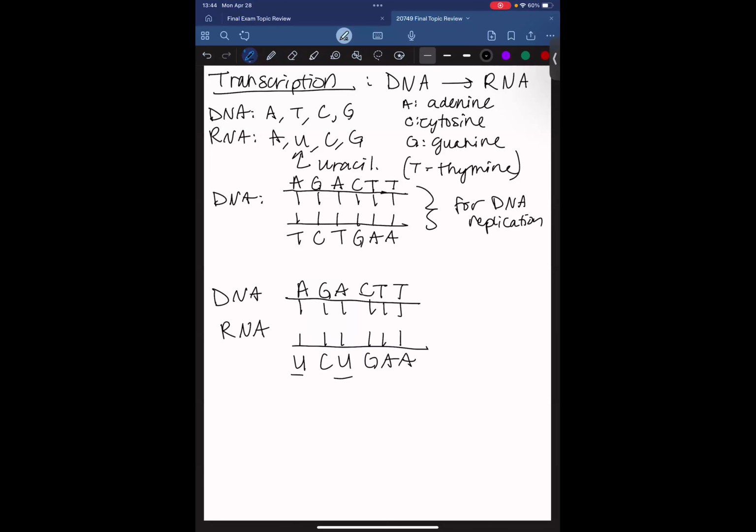All right, we have 3 different types of RNA. We have mRNA, which is the working copy of a gene. We have rRNA, which constitutes the structure of a ribosome.